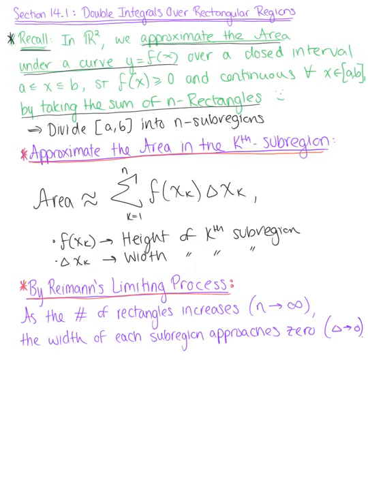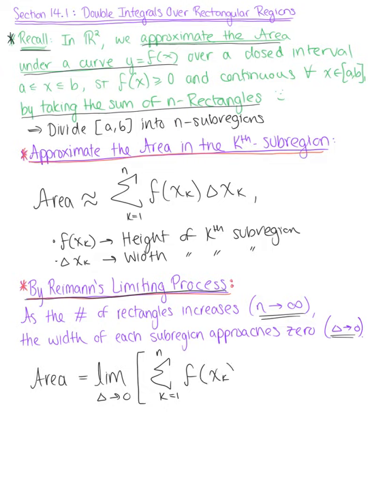So then we make this process more accurate using Riemann's limiting process. So we want to recall that as the number of rectangles increases, or as n approaches infinity, the width of each subinterval approaches 0. So we can find our exact area here by taking the limit as the magnitude of the partition P, the length of that partition, approaches 0, of the sum from k equals 1 to n of f of x sub k times delta x sub k.